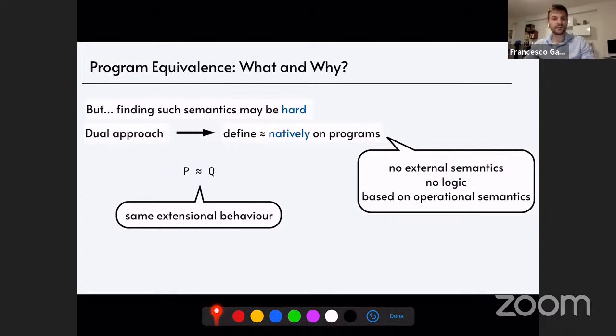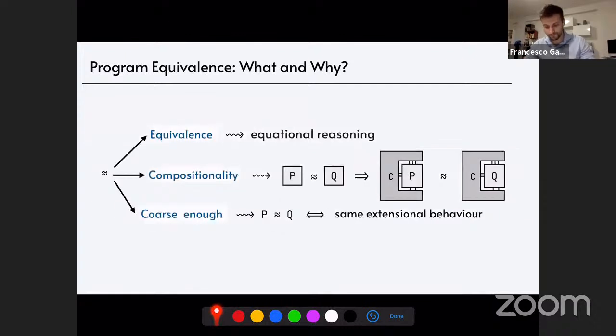And the nice thing is that essentially you stay inside the language. So you do not need denotational semantics, you do not need a logical system, you just need the programming language and its operational semantics, which I would actually consider part of the definition of the language. Using just these two ingredients, you define the notion of equivalence that you use to perform analysis.